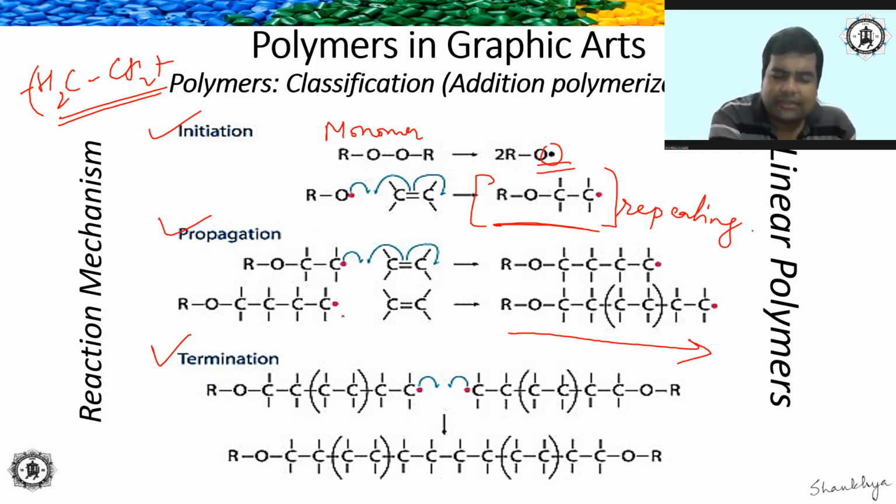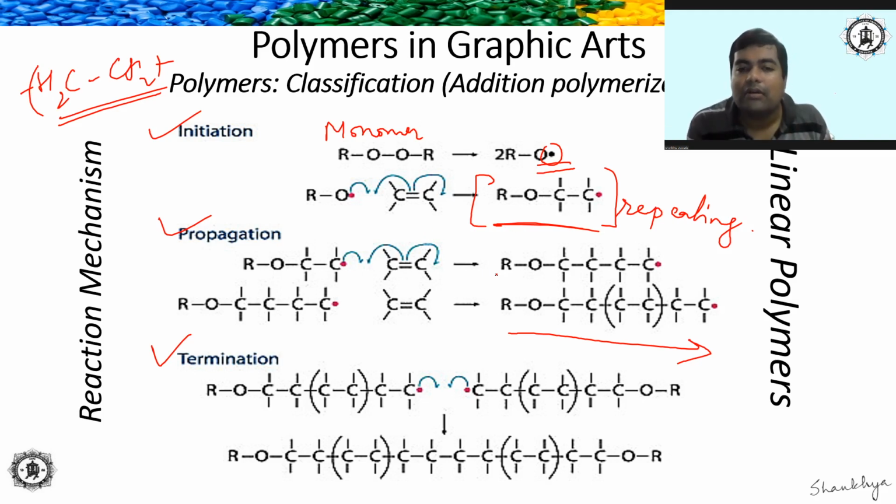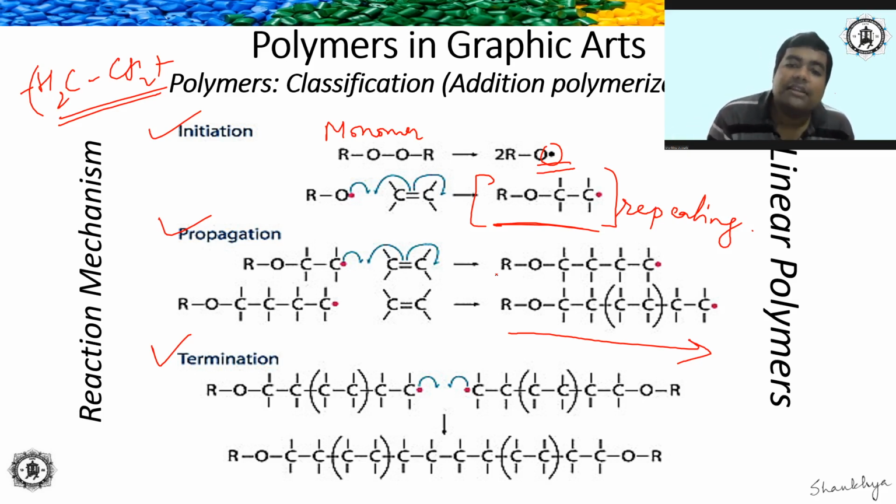In the next phase, once the free radical attacks the monomeric units and they become reactive, this chain starts to get elongated. One free radical will attack one monomer, and after the double bond opens up, it will start to attack another double bond, another monomer. Like this it will propagate.